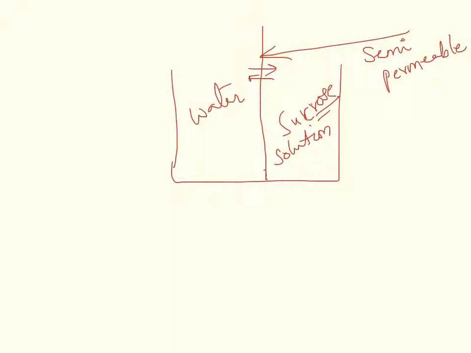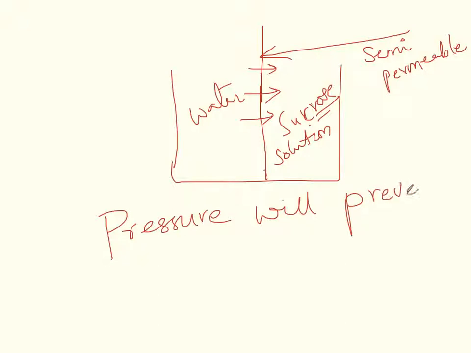So what happens? Water flows from this chamber to this chamber, to make the concentration even. If you apply a pressure on this solution, the pressure will prevent the flow of water molecules.